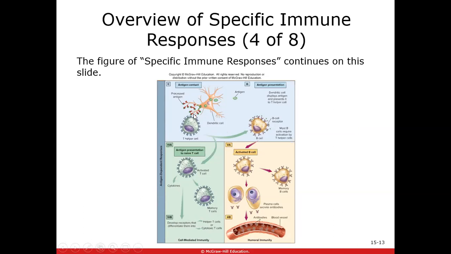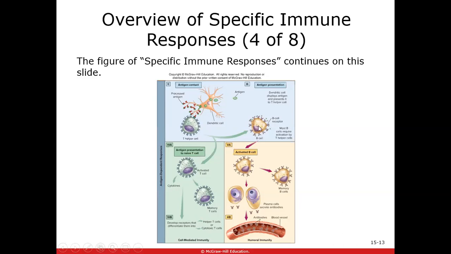So if the T cell's antigen receptor comes in contact with the antigen that's being presented on this dendritic cell, then it will confirm with the B cell that it is definitely a non-self antigen, and this B cell gets activated.